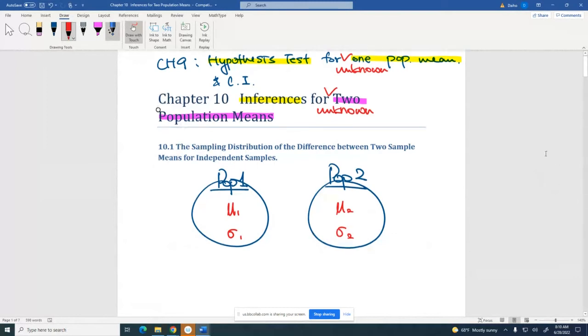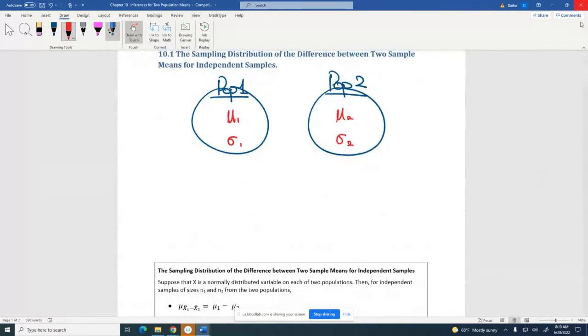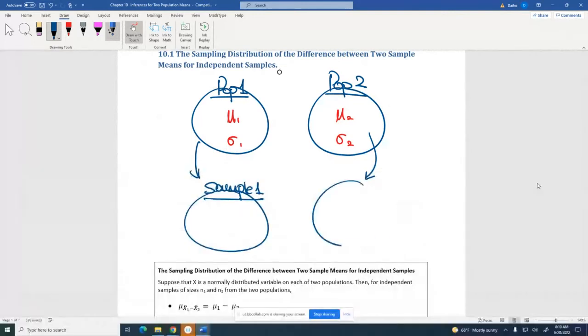Okay, right? Absolutely, we have two samples. Here is sample number 1 from population number 1, and we have the other sample number 2 from population number 2.